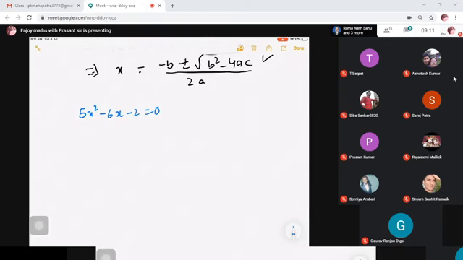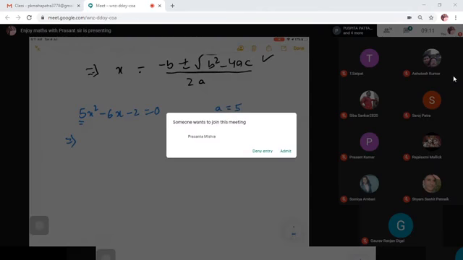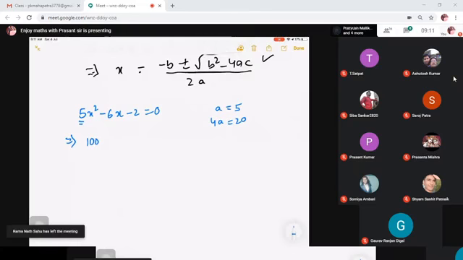Now, 20 into 5 is 100x square, minus 20 into 6, that is 120x, minus 20 into 2, that is 40, equal to 0. And 100x square is the square of which term?